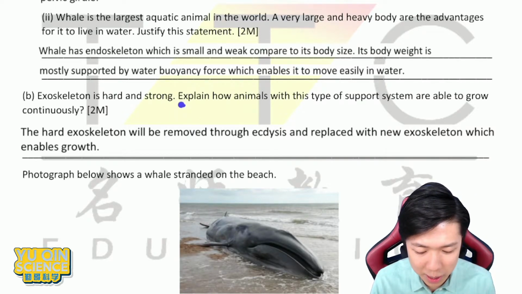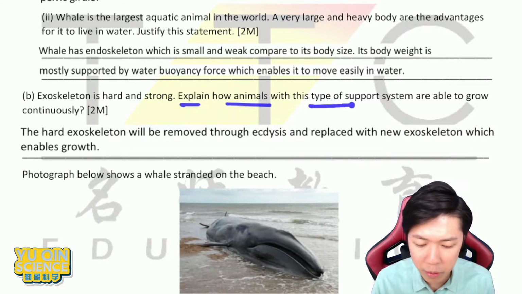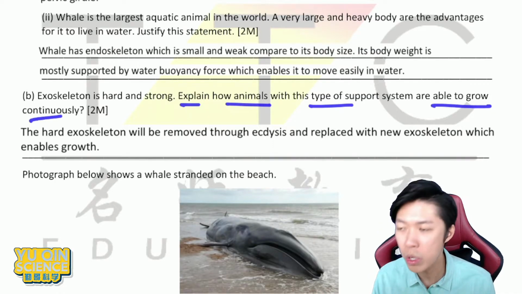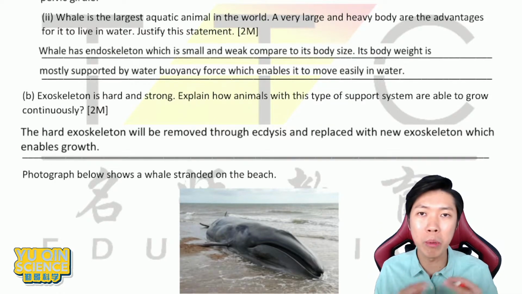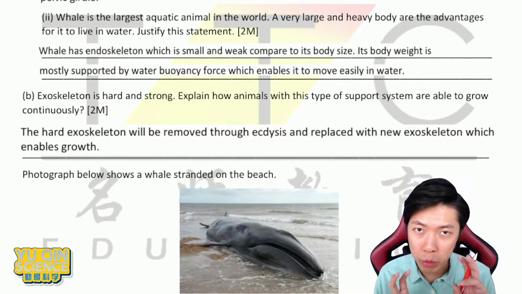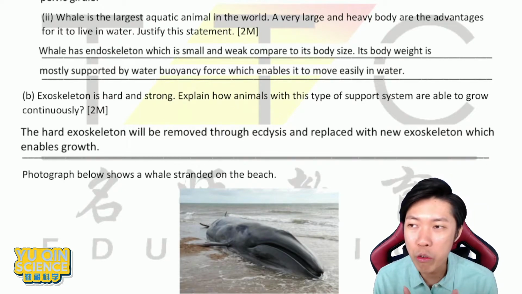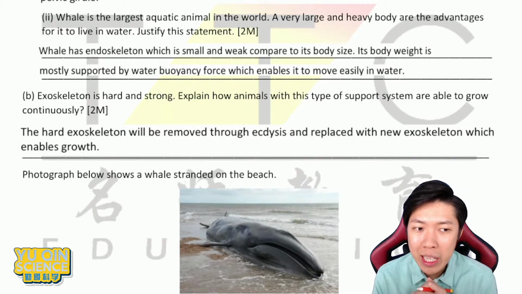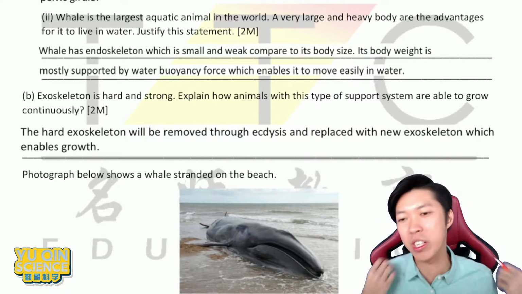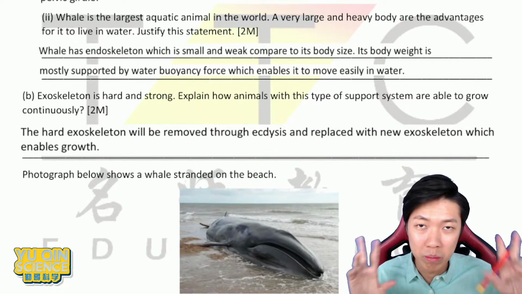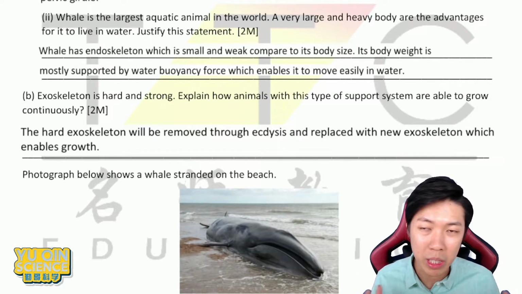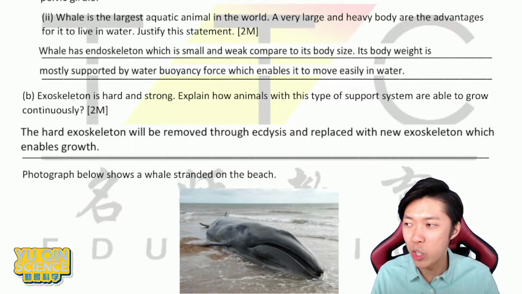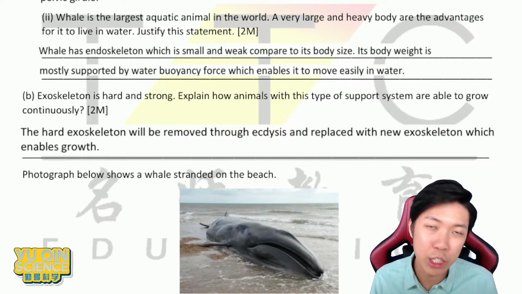So anyway, explain how animals with this type of support system are able to grow continuously. Because their bodies are covered by these hard bones or hard shell, their growth is limited. So when they need to grow, they tear off their own shirt, their body shell, so they can grow bigger and let the shell harden again.